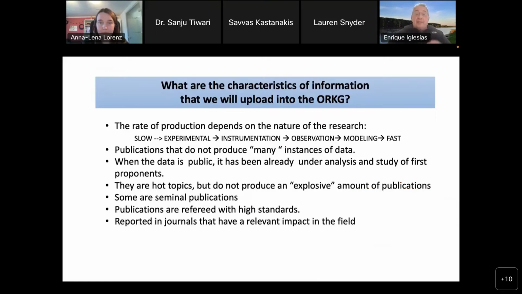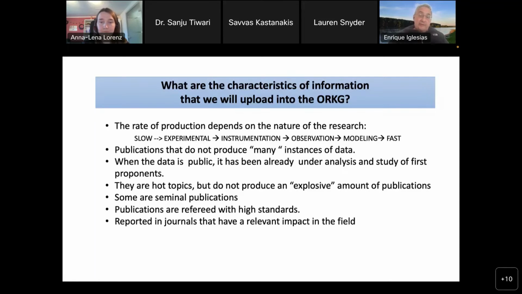The type of information dealing with these are publications whose rate of production depends on the nature of the research. It could go from a slow production when there are big experimental systems, to faster production, which is modeling, passing through instrumentation and observation. Many of these publications don't produce a big amount of instances of data.